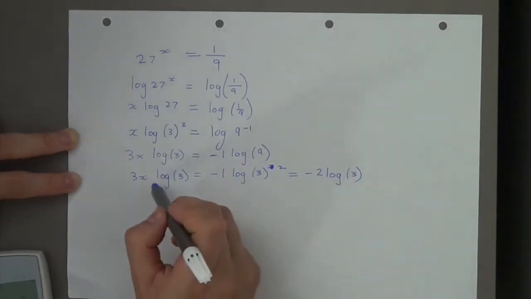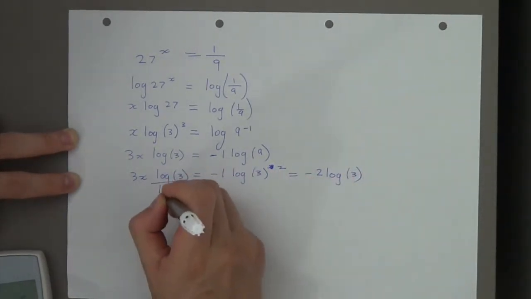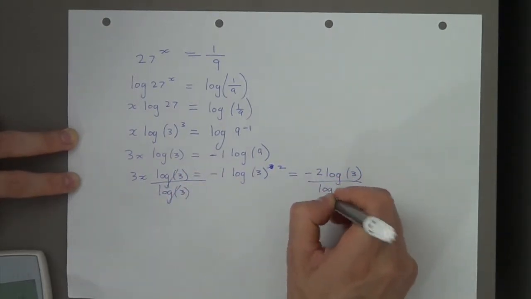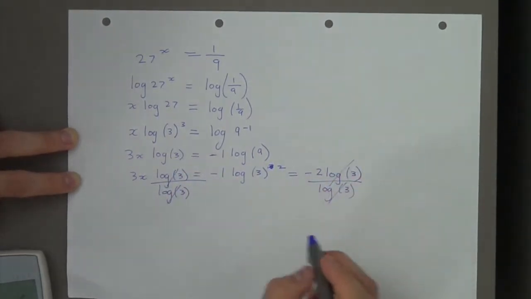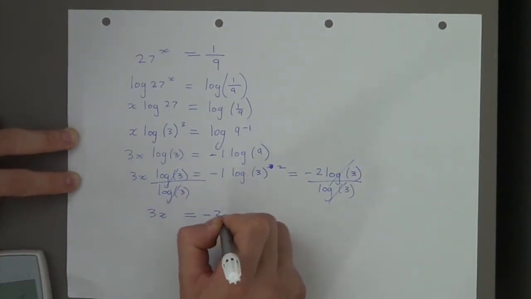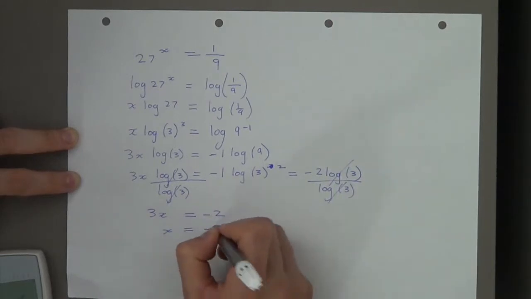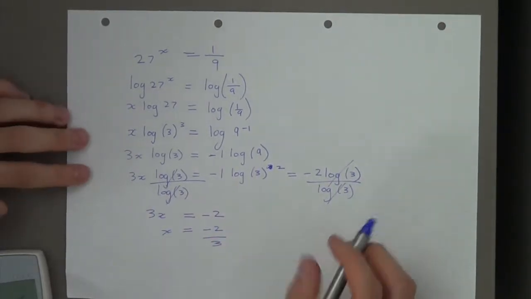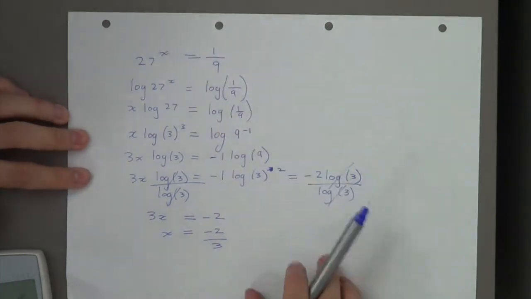Now, what do I have now? I've got a log 3, I'm going to divide both sides to cancel them. Okay, they cancel, so I'm left with 3x is equal to -2, therefore x is equal to -2 over 3. Okay, so who would have thought -2 over 3 is x?